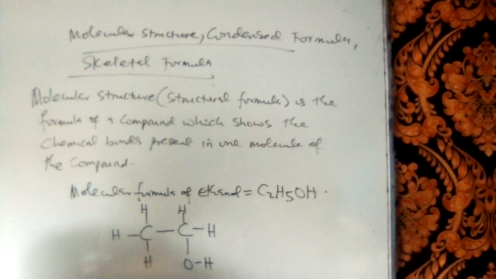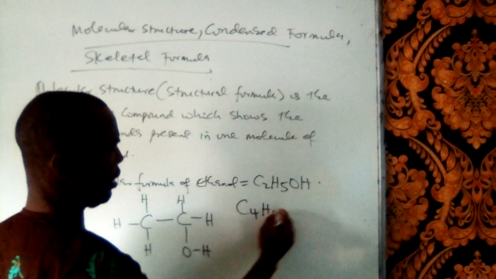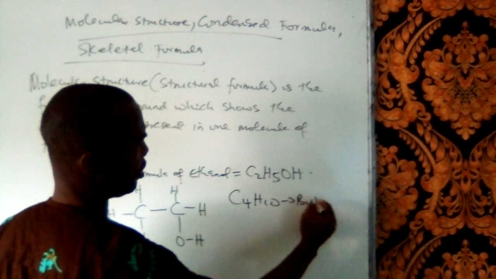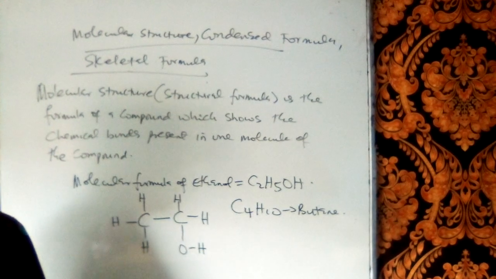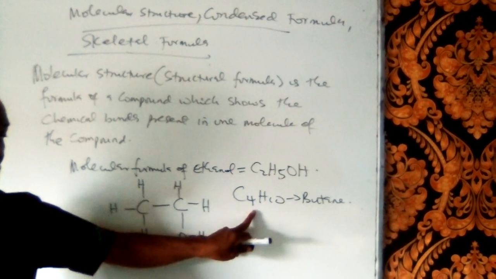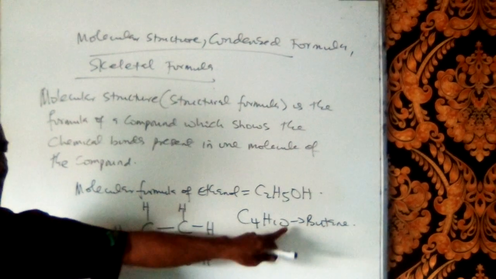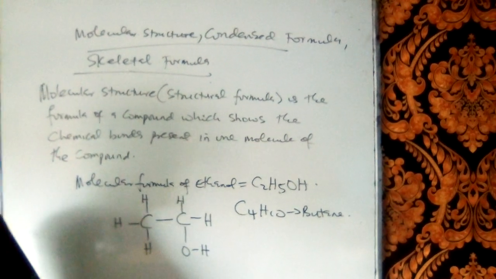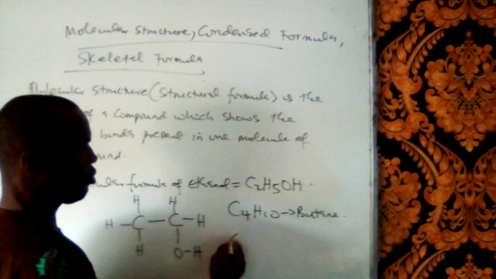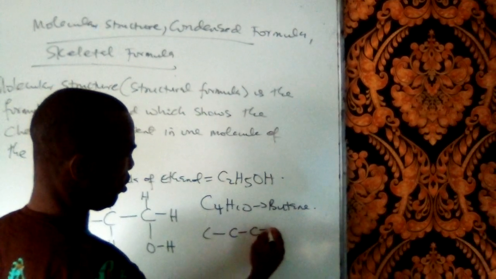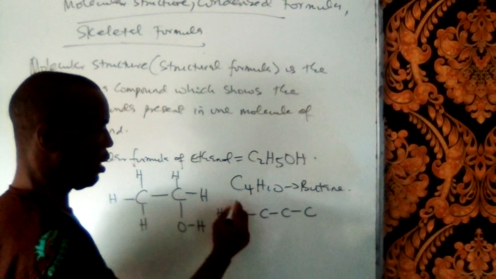So this is the molecular structure of ethanol, otherwise known as the structural formula of ethanol. Another example is this compound called butane in chemistry. This is the molecular formula of butane. Now, one molecule of butane contains 4 atoms of carbon and 10 atoms of hydrogen. So to get the molecular structure of butane, I have to put the carbon atoms in a straight line and show the bonds present in this alkane.